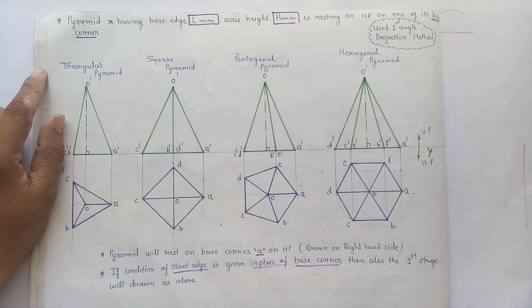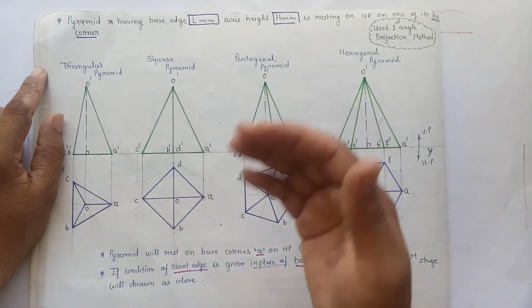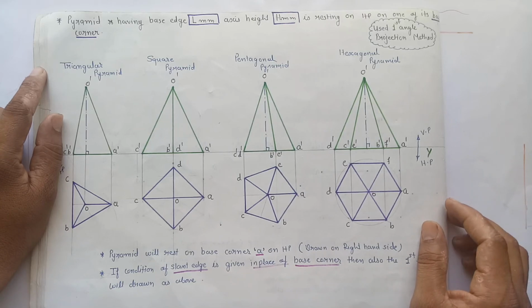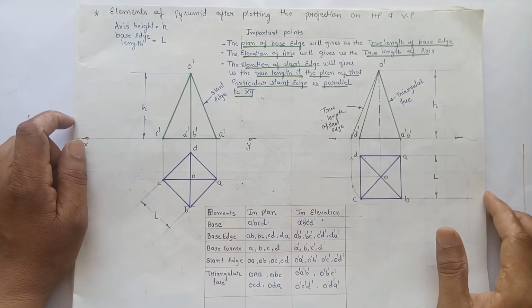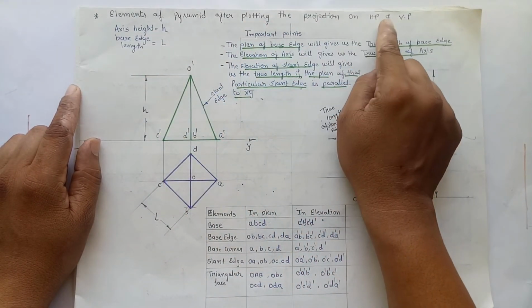Now the second thing that we have to understand is the elements of the pyramid after drawing it, or after plotting the views of the pyramid. So let us discuss the elements of the pyramid after plotting the projection on HP or on VP.